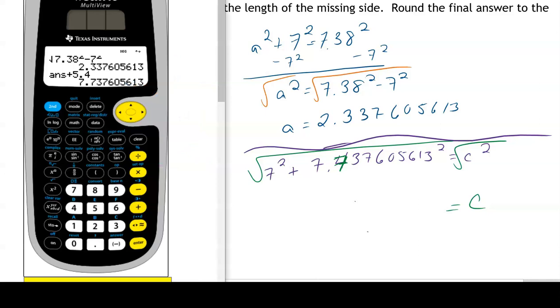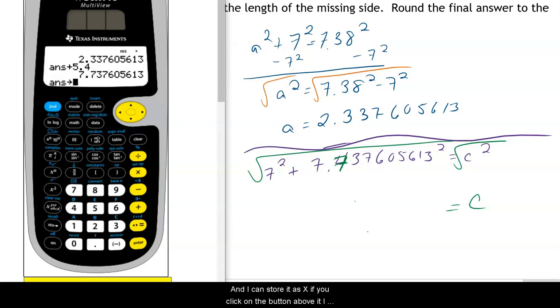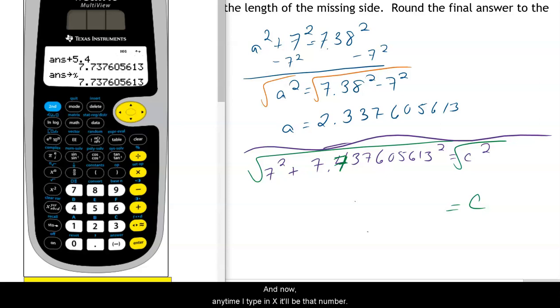Okay, so in your calculators, you can actually use the STO button kind of in the bottom left corner. And I can actually store that number, so I don't have to keep retyping it. And I can store it as X. If you click on the button up above it, I can just store it as X and hit enter. And now anytime I type in X, it'll be that number.